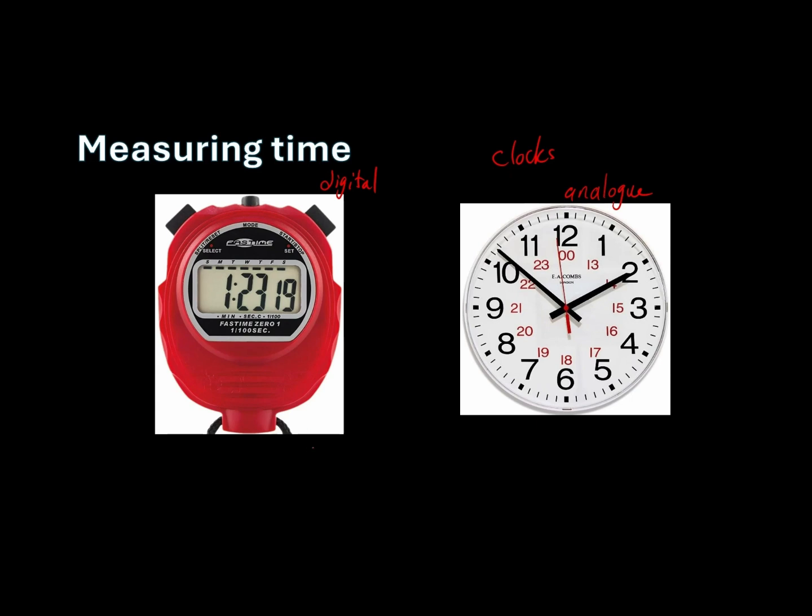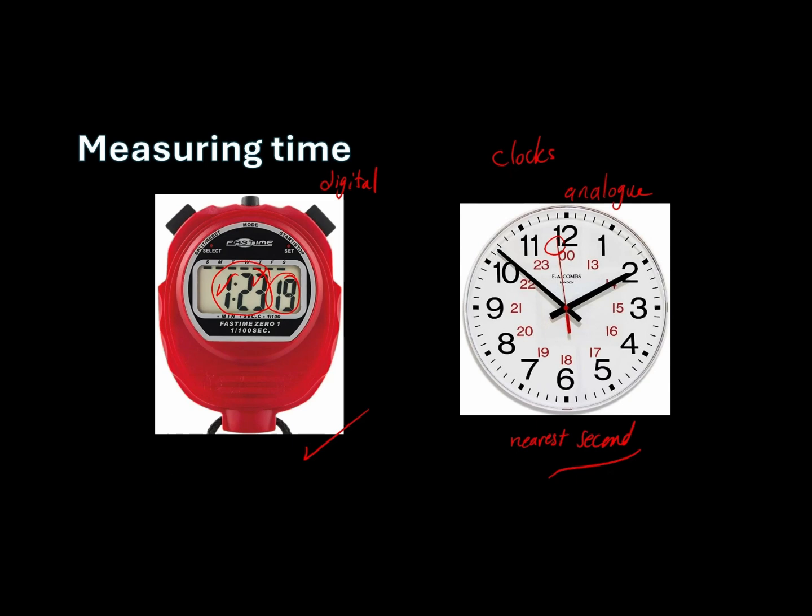Of course, the digital one is more accurate because, if we look at this hand, this is the second hand. This is used here to count the seconds. So we calculate the time here to the nearest second. But this is the minute, this is the second, and we have here hundredths of a second.